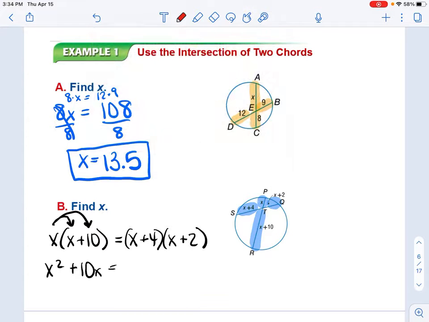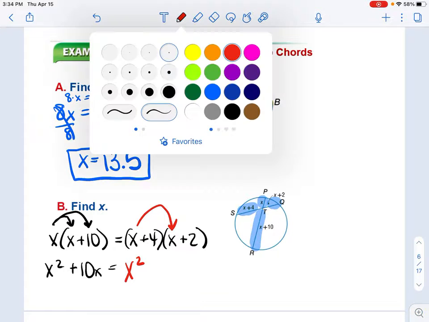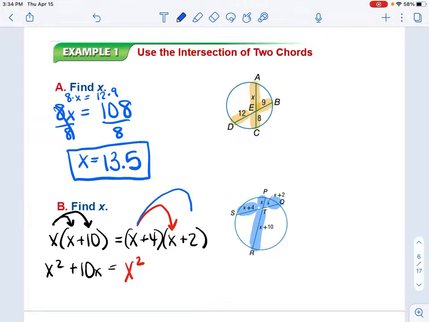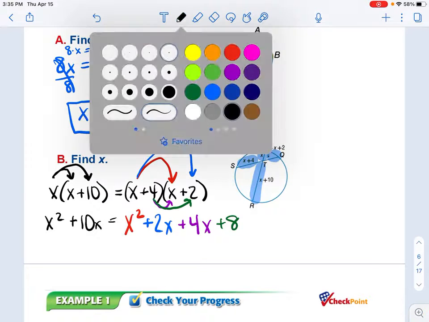I will color code it a little bit. We take x times x, those are first, is x squared. Then we take outsides, x times 2 is 2x. Then we take insides, 4 times x is 4x. And then we take last, 4 times 2 is 8. Okay? We can combine like terms.